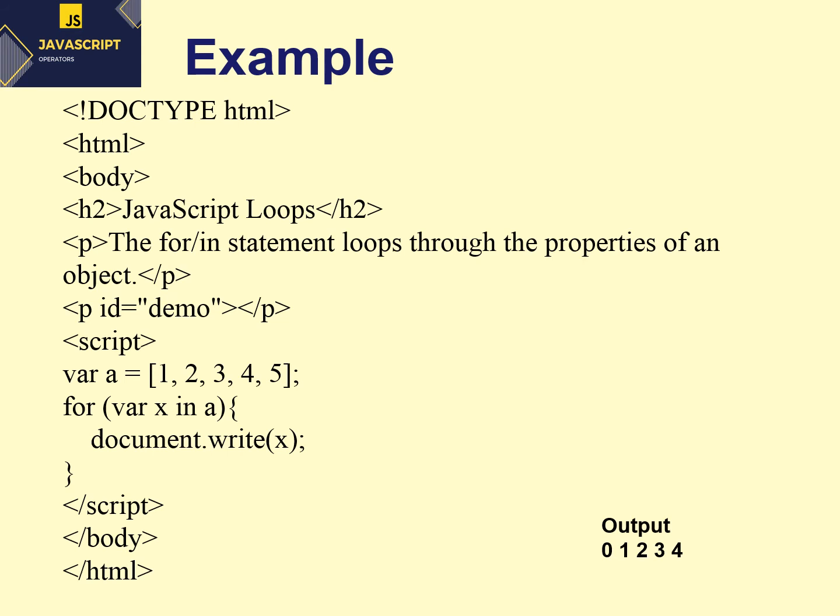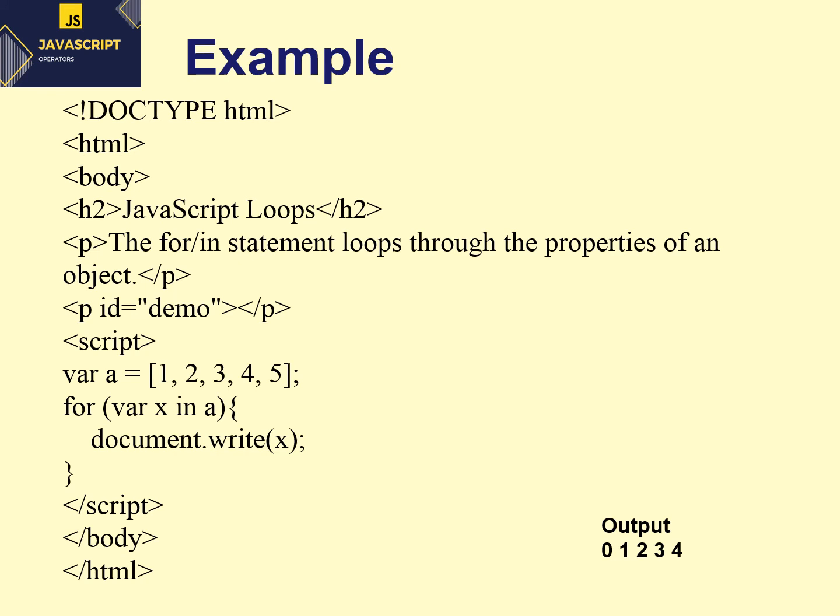After that x takes the value 1. So 1 will be printed. Then 2, 3, 4. By the fourth value, the array will end because the index ranges from 0 to 4. So the output for this particular script is 0, 1, 2, 3, 4. And after that the script is closed, body is closed and HTML is closed.